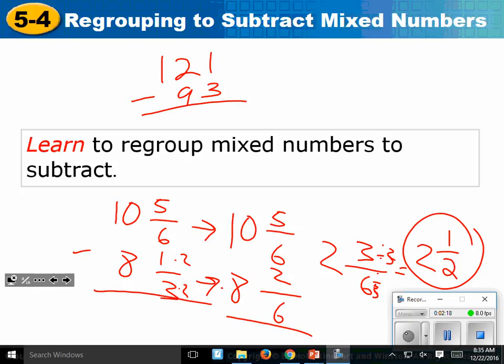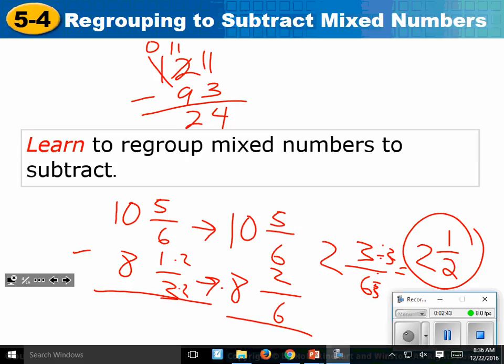You can't take 3 from 1, so you have to basically borrow from here and make this a 1, then put the 10 there, make that an 11, and then you end up getting 8 here. And then again, you're going to have to regroup and make that a 0, and then add a 1 there, and make this a 2. So you get 28.